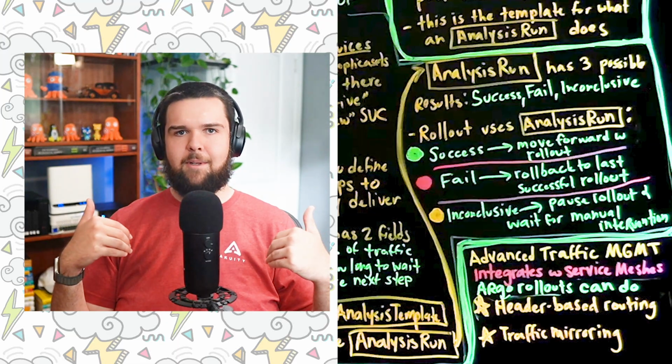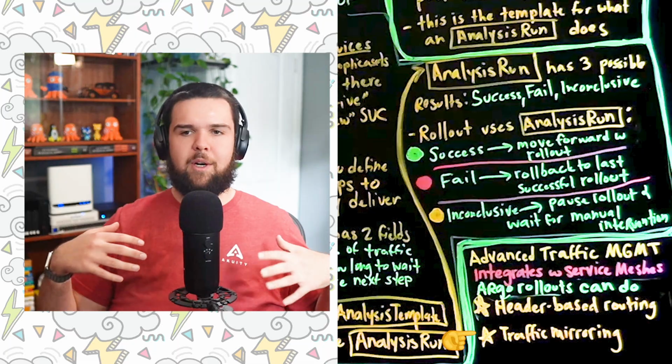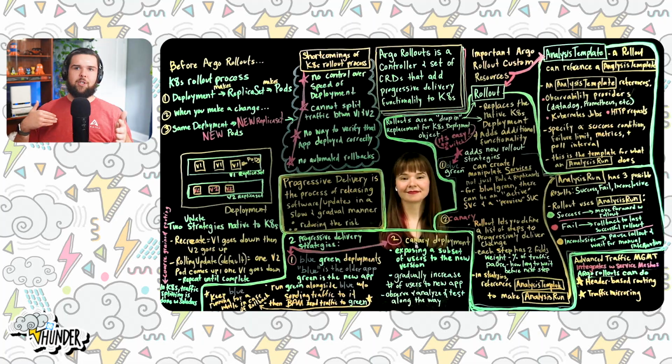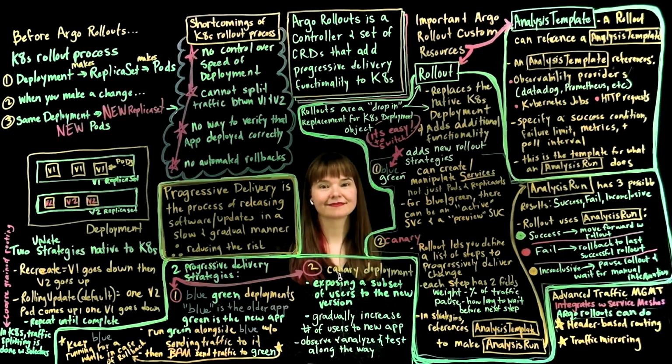Another big example is traffic mirroring, where you can say, this is really big on blue-green deployments, I find, where you can actually send a copy of your traffic to both deployments. And your blue version is going to be the old version, which actually returns the response to your user, where the green version still receives the traffic, but the response from the green version doesn't get relayed out to the user.